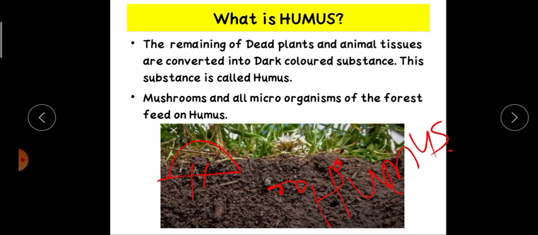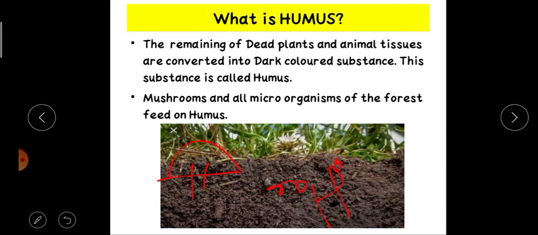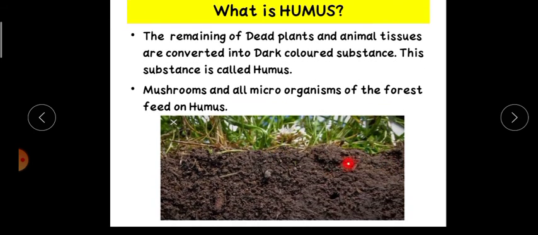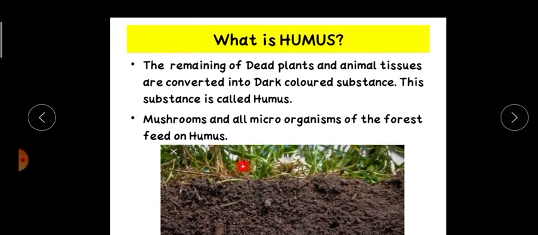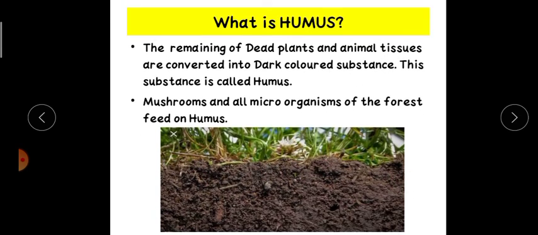In this picture you will see humus. Here you can see this black colored soil is nothing but humus. Many plants have died and their remains are in this area, and because of this the area is becoming very fertile and its color has changed into black.